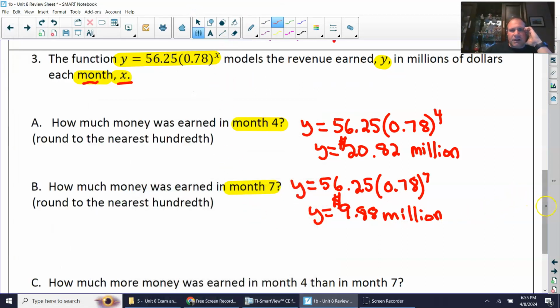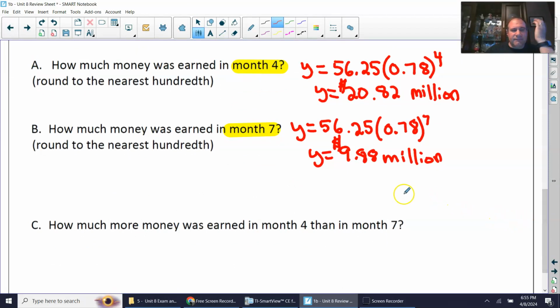All right, so round to the nearest hundredth, which I did for both of those. How much more money was earned in month 4 than in month 7? So you subtract.